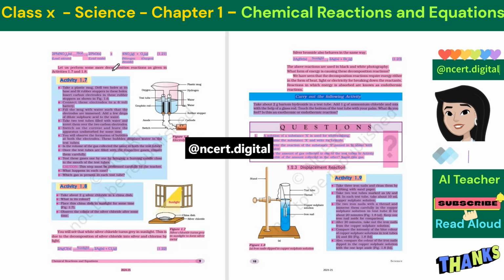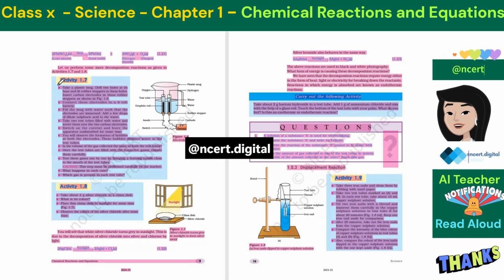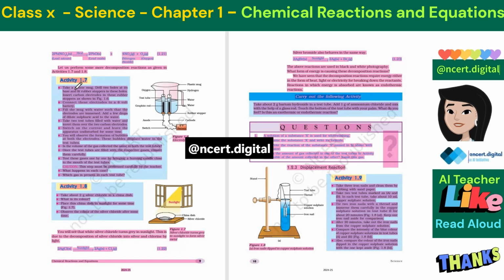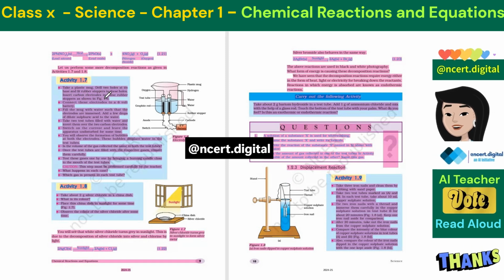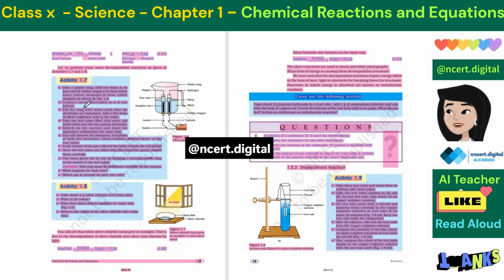Let us perform some more decomposition reactions as given in Activities 1.7 and 1.8. Activity 1.7: Take a plastic mug. Drill 2 holes at its base and fit rubber stoppers in these holes. Insert carbon electrodes in these rubber stoppers as shown in Figure 1.6. Connect these electrodes to a 6-volt battery.